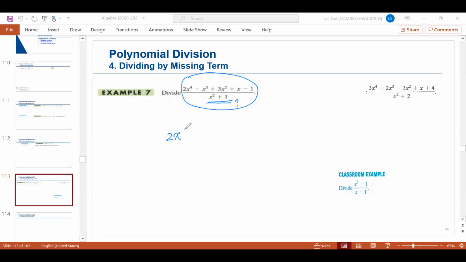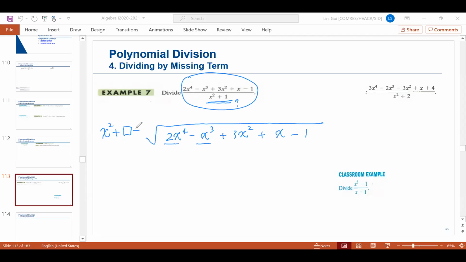Firstly, we use exactly the same kind of process. This is degree 4, this is degree 3, degree 2, degree 1, and degree 0. And what about the denominator? This one is degree 2, and degree 1 is missing, right?